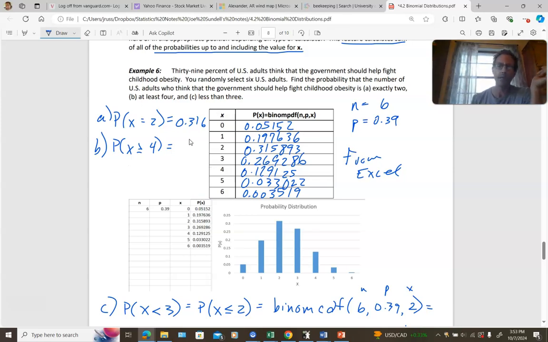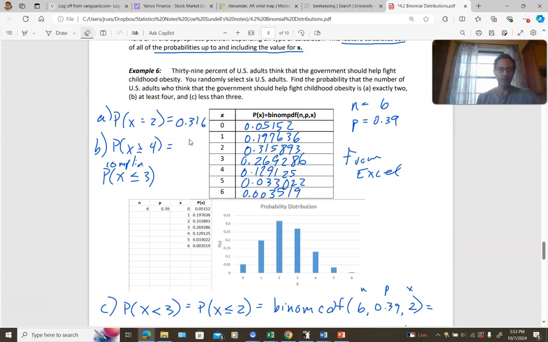The opposite of x being greater than or equal to 4 would be that x is less than or equal to 3. This would be the complement.